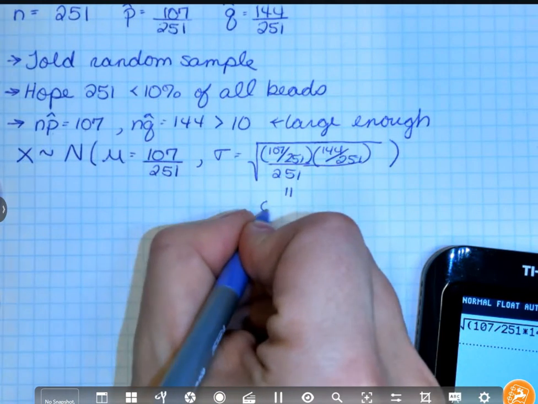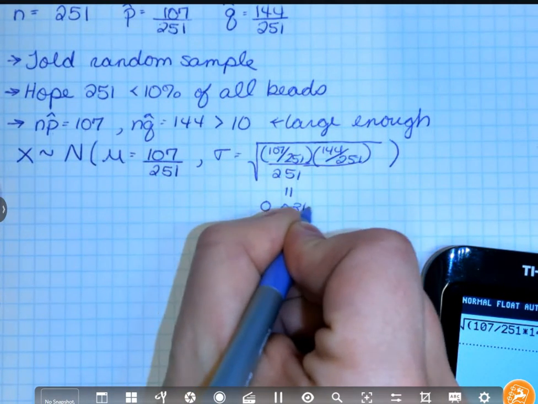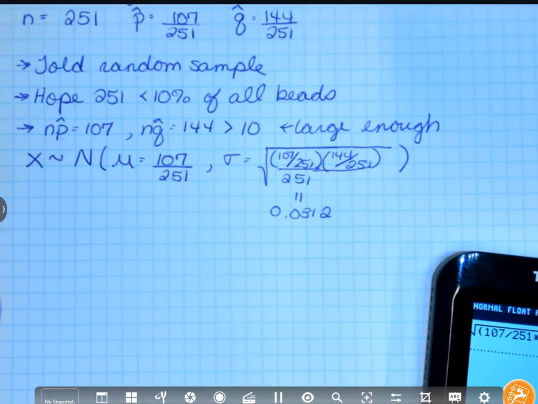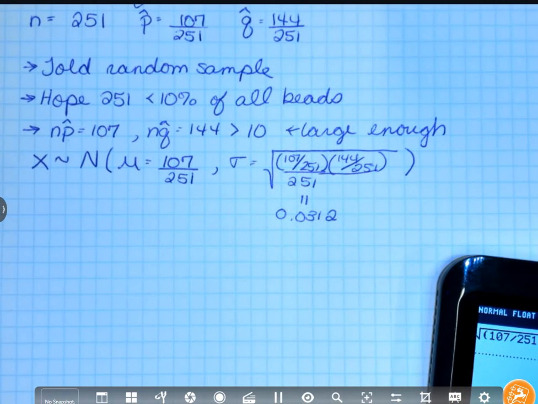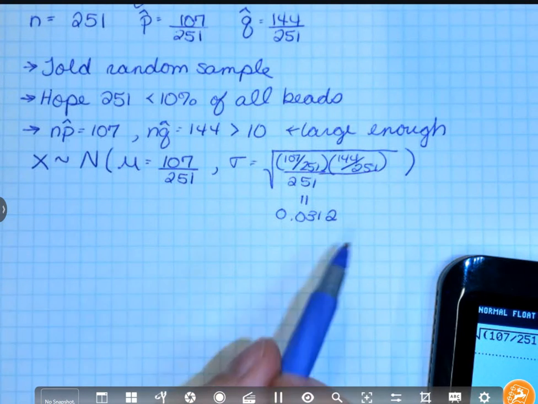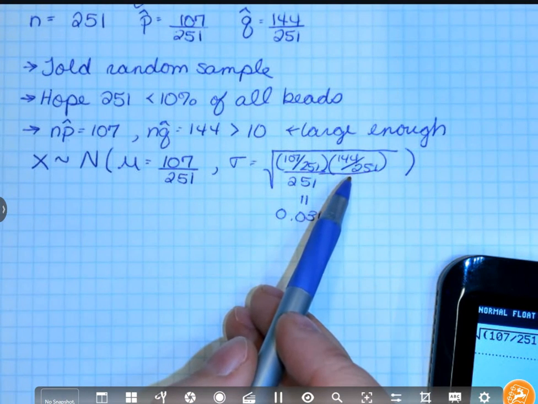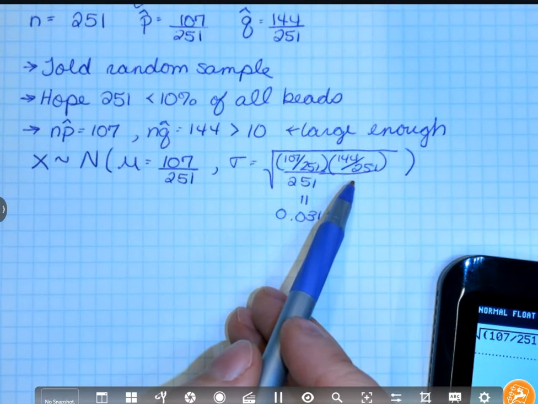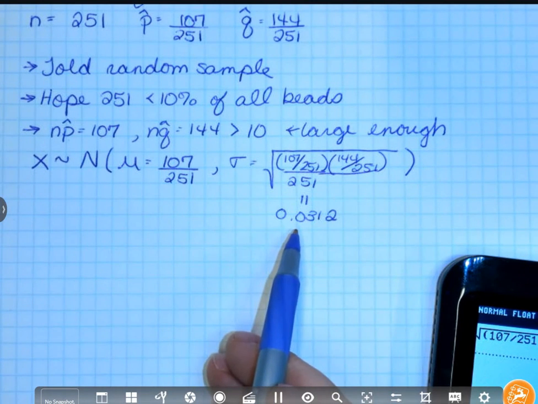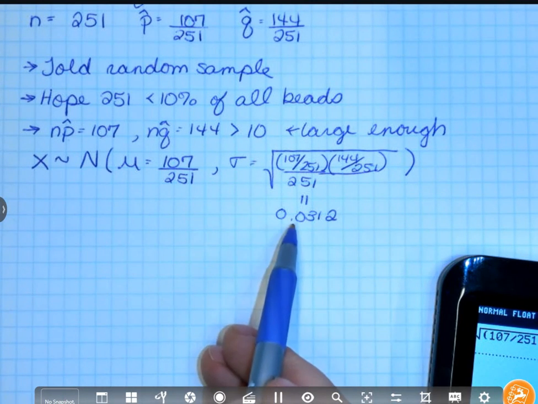So I got that to be 0.0312. Because I'm going to use that, and I can either keep writing that over and over again, which doesn't sound like fun to me because it's a lot of numbers, or I could just write that. But I have to show where that number comes from.